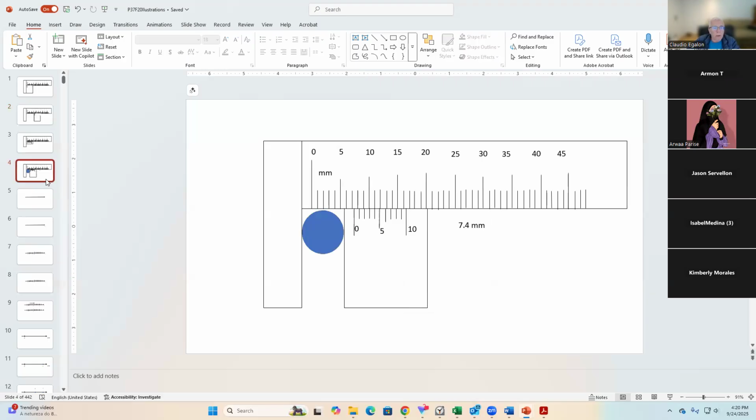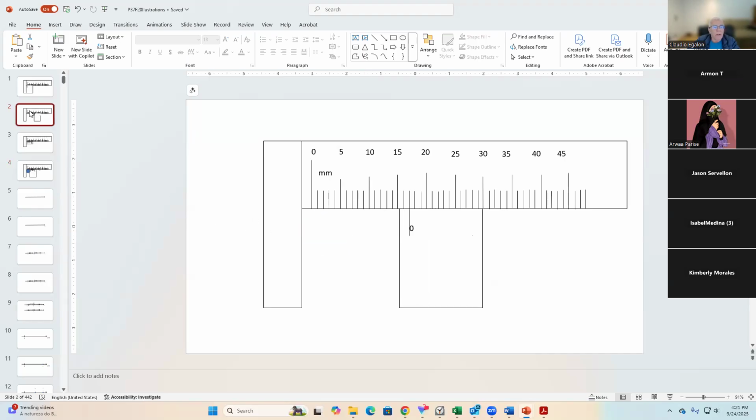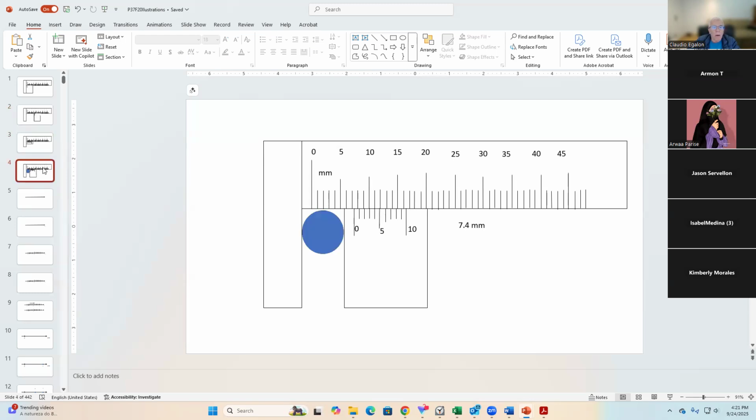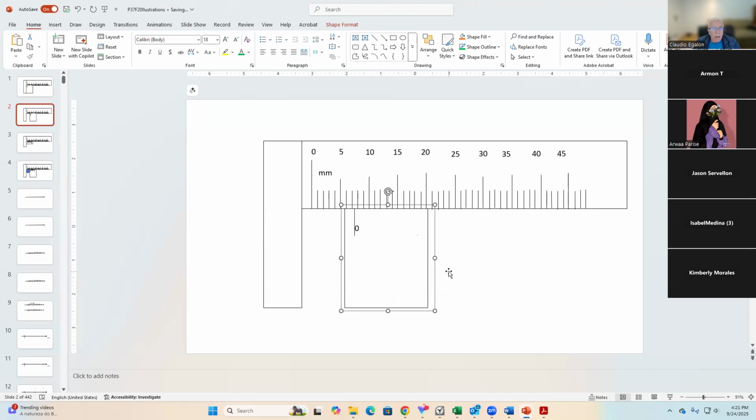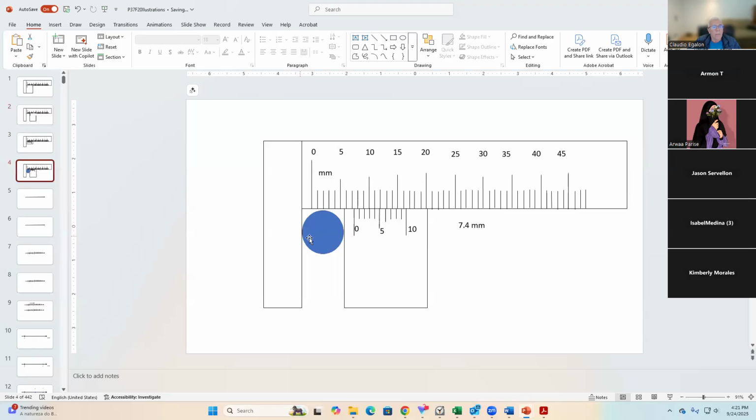Suppose that I use this one here as an example, okay? I'm measuring the diameter of this object.